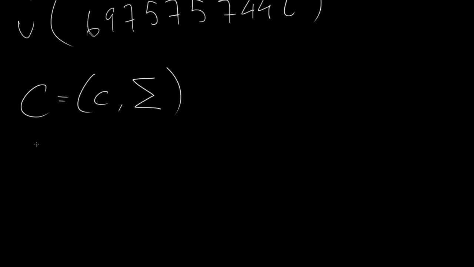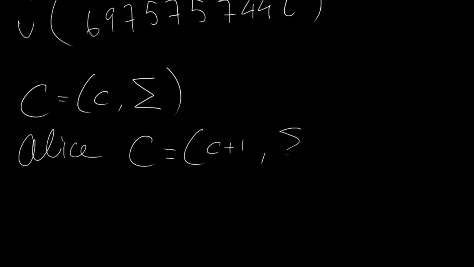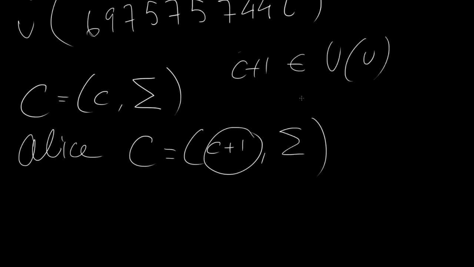However, how about this: Alice checks, makes sure that the element c+1 is not in U_n. Then she sends this. Okay?